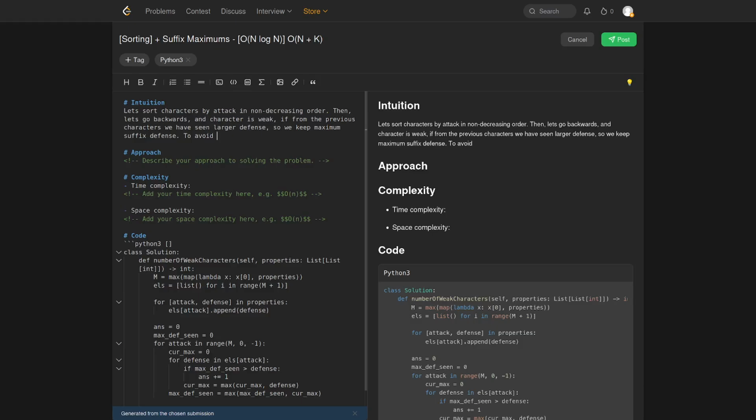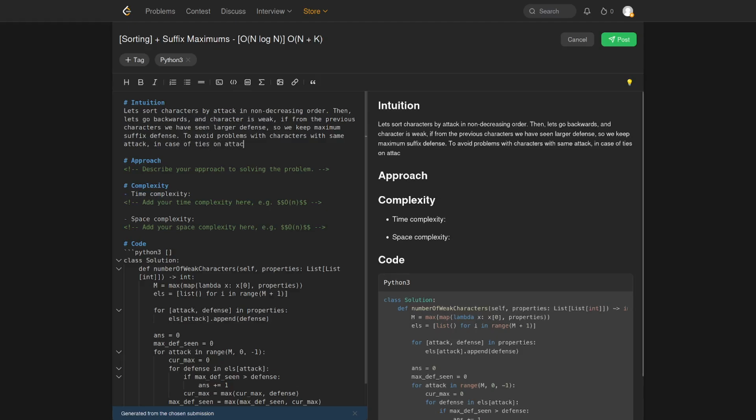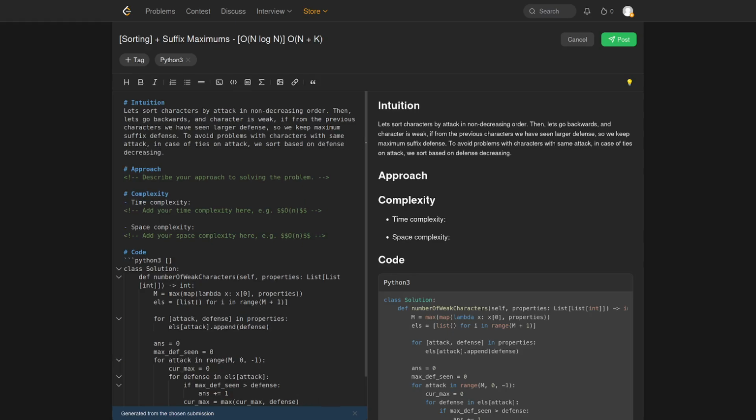To avoid problems with characters with the same attack, in case of ties on attack, we sort based on defense decreasing.